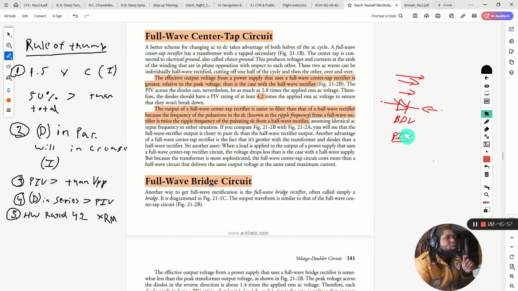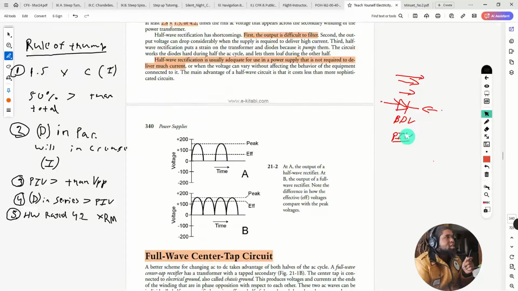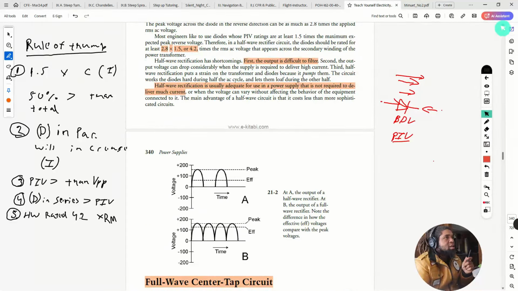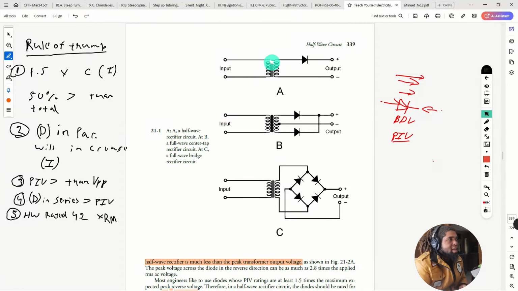Let me just take a look real quick at the circuit so we remember what we're looking at. Almost forgot to do that. So this is the half wave, this is the full wave, and this is the bridge, okay?